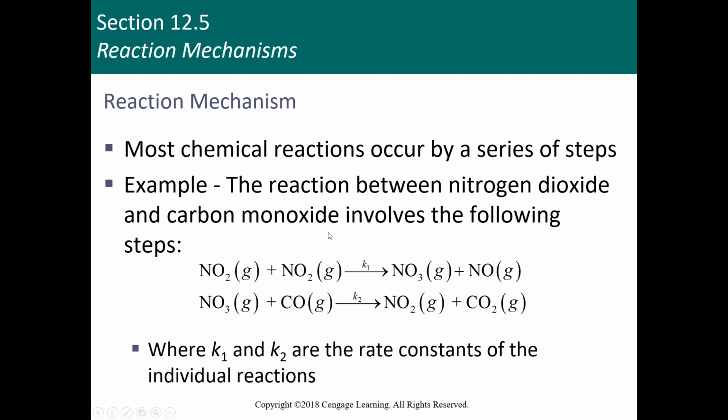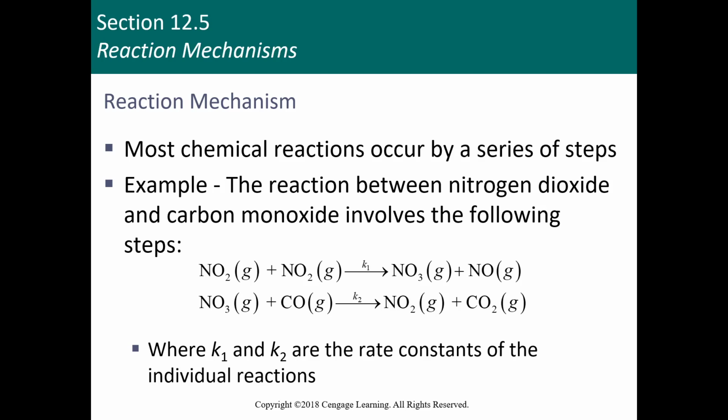So, the reaction between nitrogen dioxide and carbon monoxide is going to involve the following steps, and this is what is known as a reaction mechanism. Most reactions actually occur by a series of steps instead of all in one step.